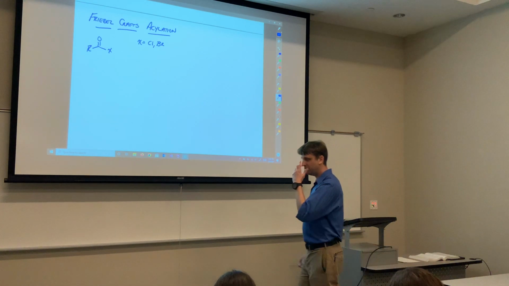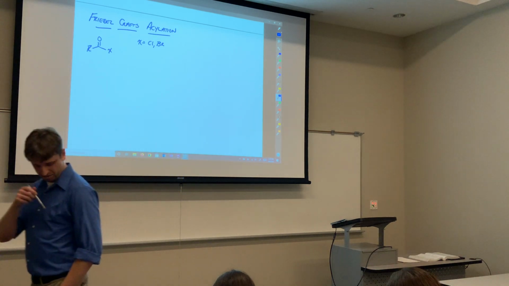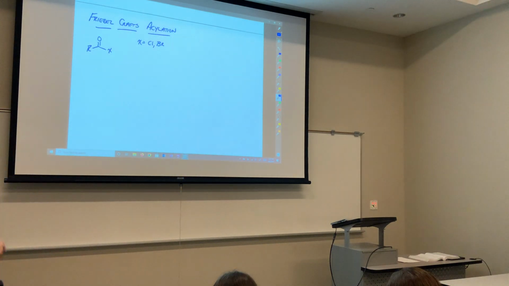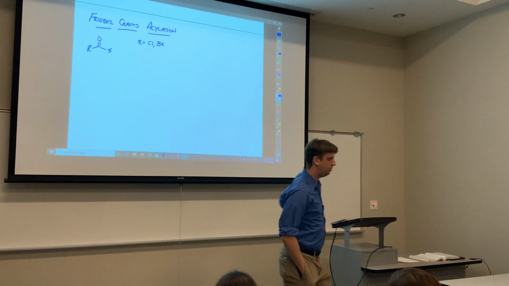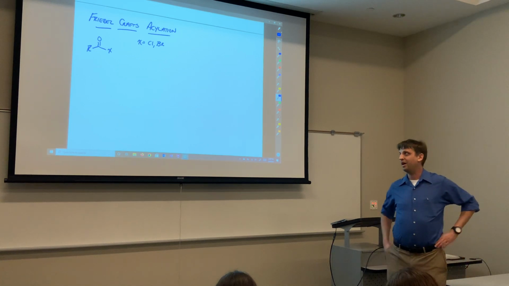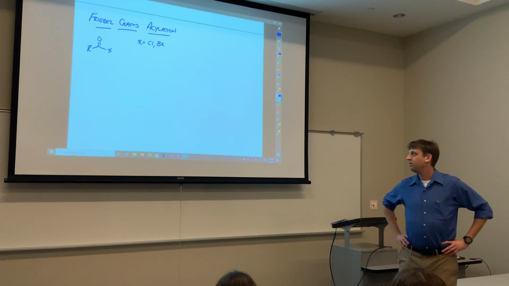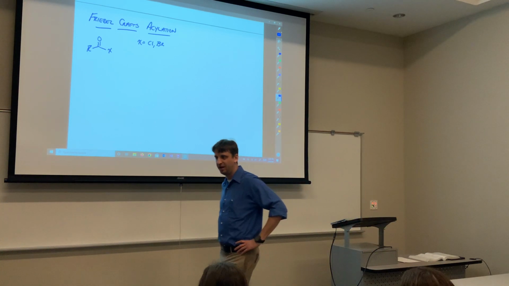You see the C double bond O over there. On one end we have a carbon, the R group, although we could have a hydrogen, it's very uncommon and not really ever going to be practical. So for all intents and purposes, the R is a carbon group and the X is a halide.